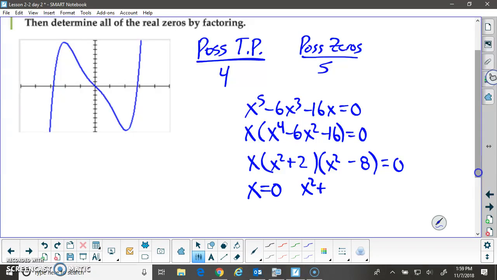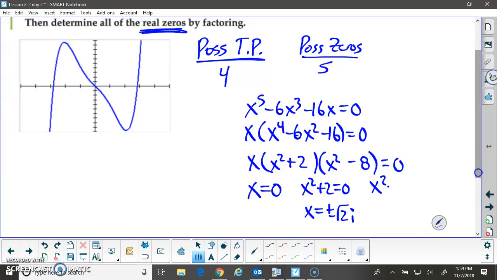Now, if we set x squared plus 2 equal to 0 and solve it, that's going to give us an imaginary solution, plus or minus the square root of 2i. And right now, we're only concerned about the real zeros. So I don't need to identify those imaginary zeros.